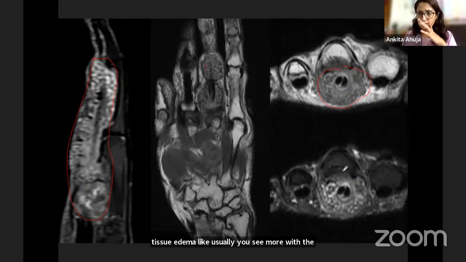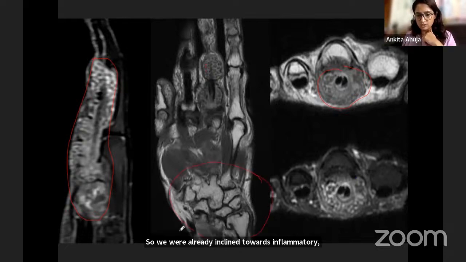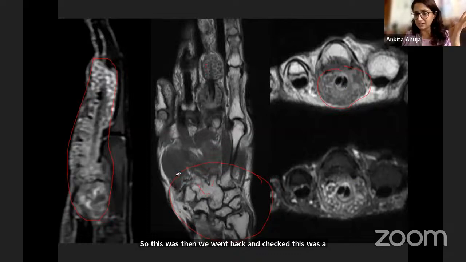So we were already inclined towards inflammatory, but then we went back to the osseous structures and saw them. So you see in this distal radius, you have already started to develop osseous fusions. There is osseous remodeling, flattening of the bone. So we went back and checked. This was a known case of rheumatoid arthritis, which has progressed quite a bit in the wrist.